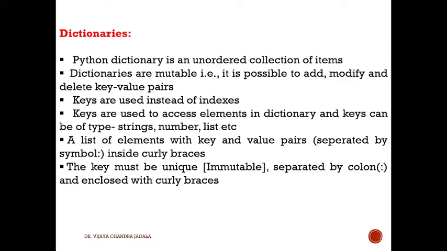A dictionary is a list of elements with key and value pairs separated by a colon symbol, inside curly braces. The key must be unique and immutable, separated from its value by a colon and enclosed in curly braces.